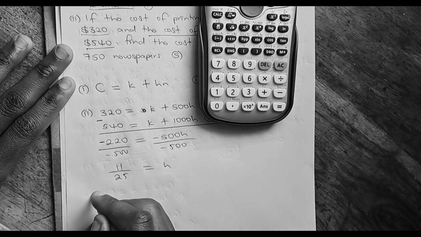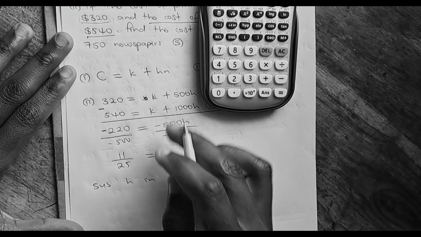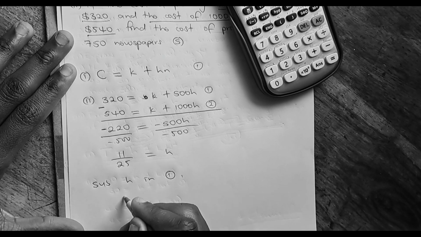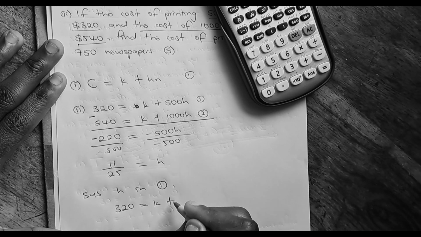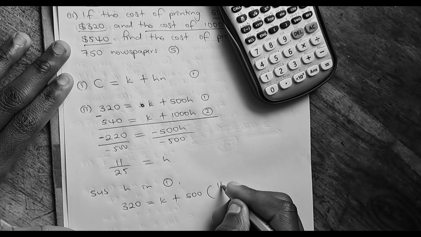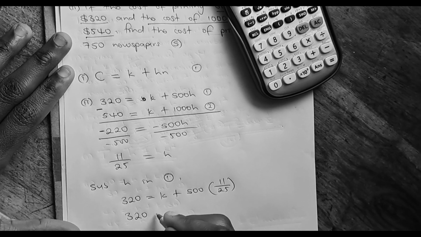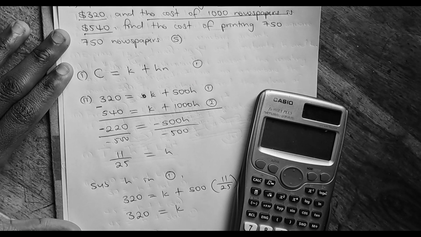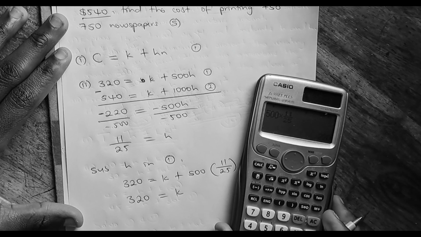Having got h, substitute h in any of the equations. I'm going to utilize equation number 1. 320 is equal to k plus 500 times h, and h is 11 over 25. I don't expect you to face challenges in paper 2 dealing with calculations because you will be utilizing a calculator.